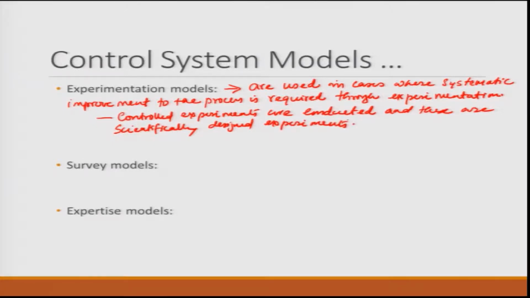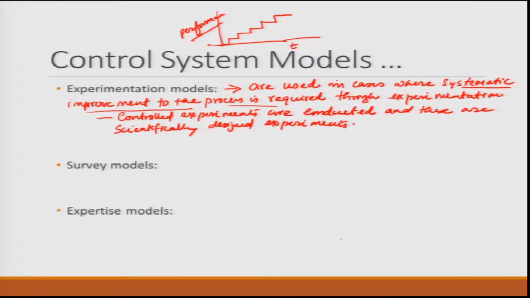Your aim is to systematically improve the process one step at a time. Graphically, the experimentation model would look like this: you start at some point, and as time progresses the performance of the system keeps improving. You go from the current position to the next best, and from there you keep on improving.